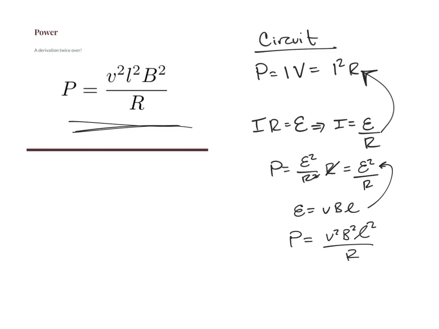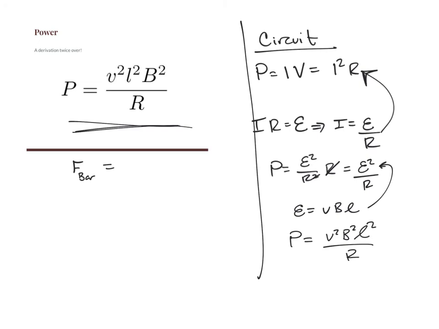Now this can also be derived using the hand pulling the bar on the circuit. So we said when the hand pulled the bar, the magnetic force on the bar, so I'm going to say on the bar because that's different than the magnetic force on the particles inside the bar. We're looking at the bar as a whole because of the current going through it.